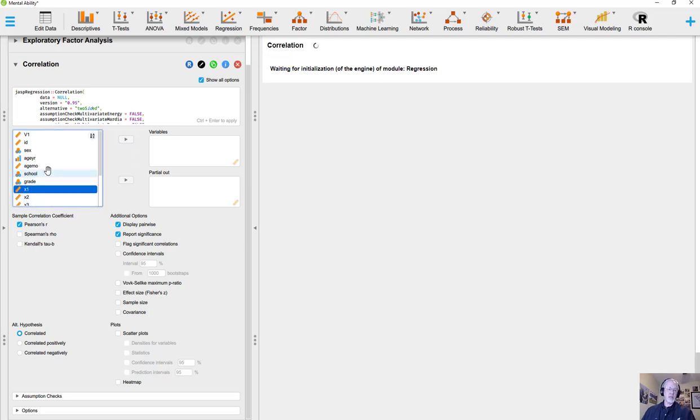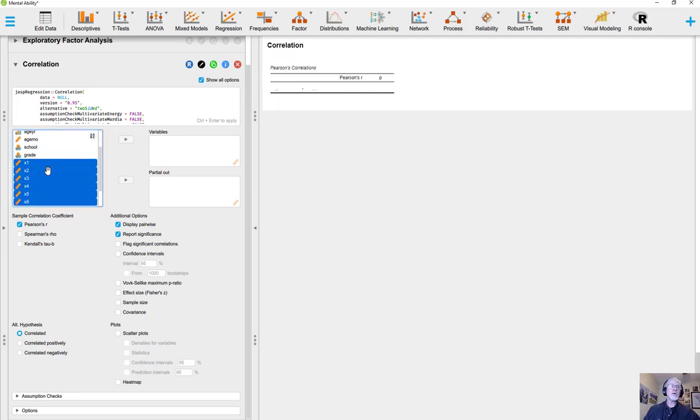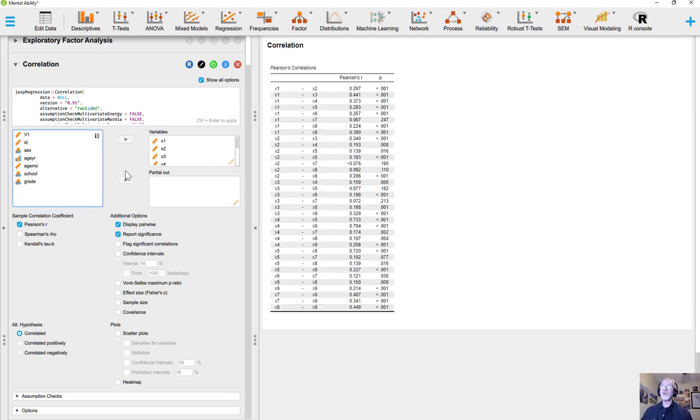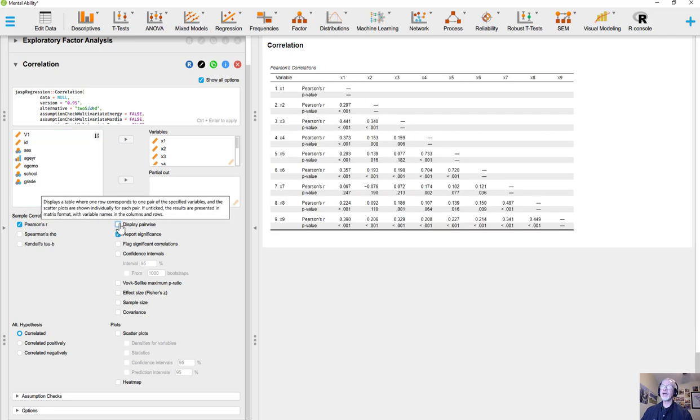And I'm going to take those 9 variables in our data set and stick them over here. And I wanted to display them as a matrix. There we go. So now we have the correlation matrix, the correlations between all 9 of the items.